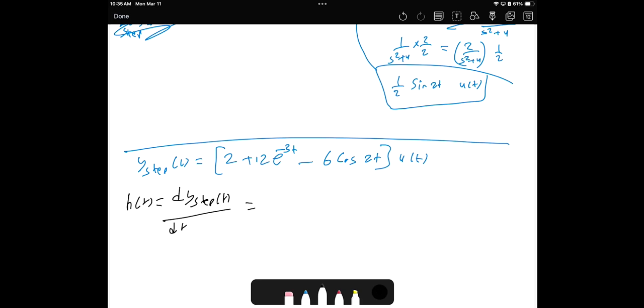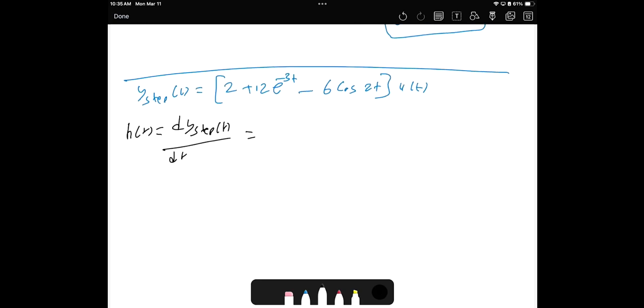So it's going to be 2 u of t, the derivative of u of t is what? 2 delta, right? Then plus 12 e to the negative 3t times negative 3, then minus 6 cosine 2t, the derivative of cosine is negative sine, right? Negative 2 sine 2t.